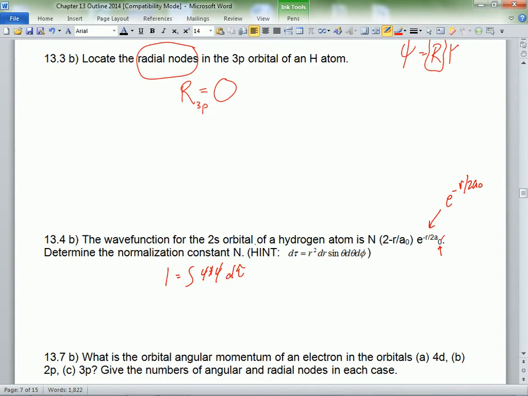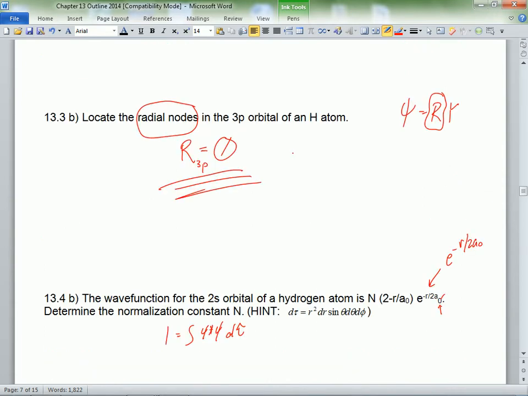Just like your radial wave function equals 0 is your starting point for radial nodes. So when you think of radial nodes, boom, I'm just thinking, okay, the radial wave function has to be 0. And this only makes sense if I know what these things are called. If you look at this wave function, if you don't recognize this as a wave function, you're screwed.